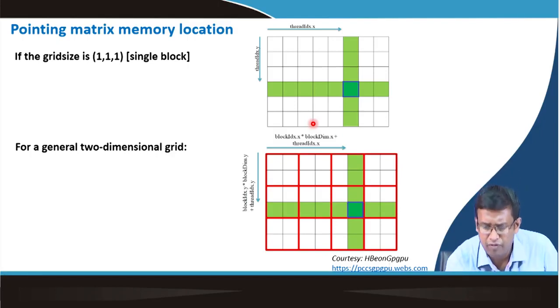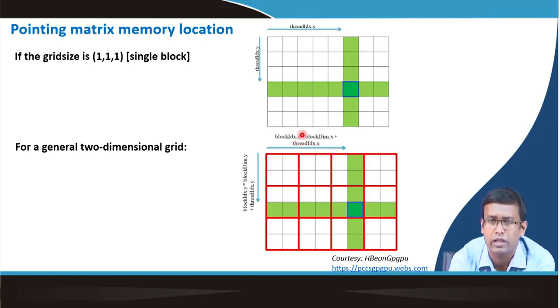So if a block has an ID blockIdx.x in x direction, there have been 0 to blockIdx.x minus 1 blocks before that. So there are a total of blockIdx.x blocks which have passed before that. Each block has blockDim.x threads in x direction. So the total number of threads in x direction will be their multiple, and then we add the local thread ID.